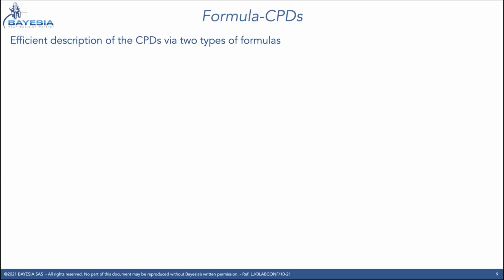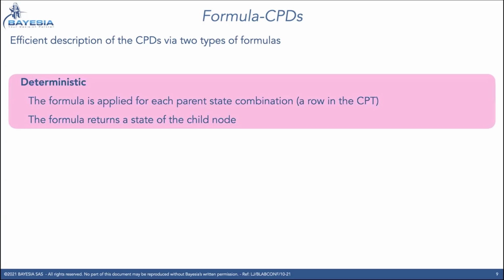The last one I want to talk about are the formulas, right? It's even more efficient now. So we have 2 types of formulas. We have the deterministic formulas. This is a way to use an equation for computing, for each parent state combination, what is the output, right? And the output of this equation is going to be the state of the child, right?